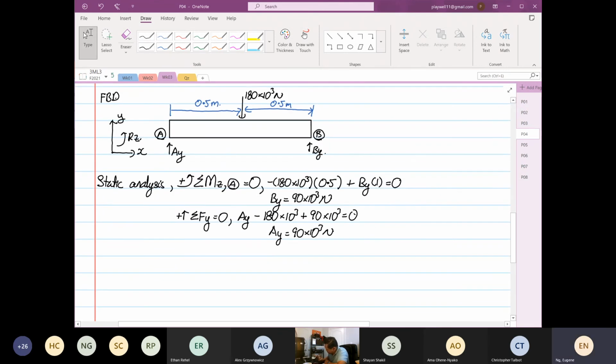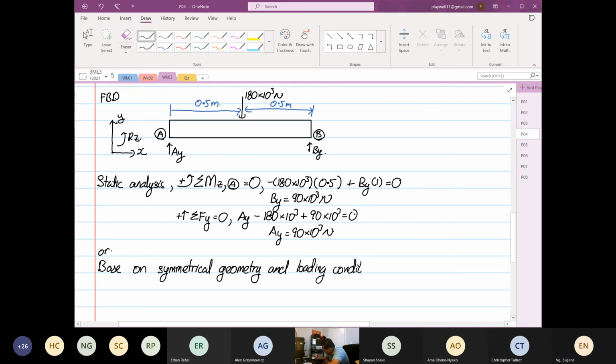Or another way to solve this is based on symmetrical geometry and loading condition about the y-axis.